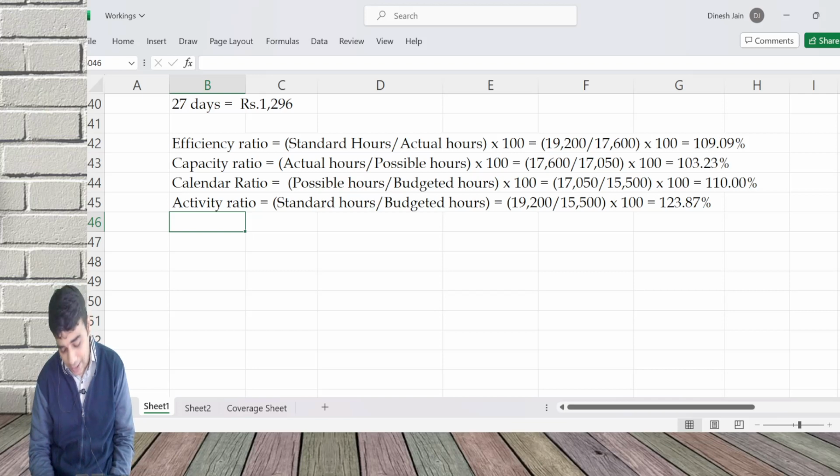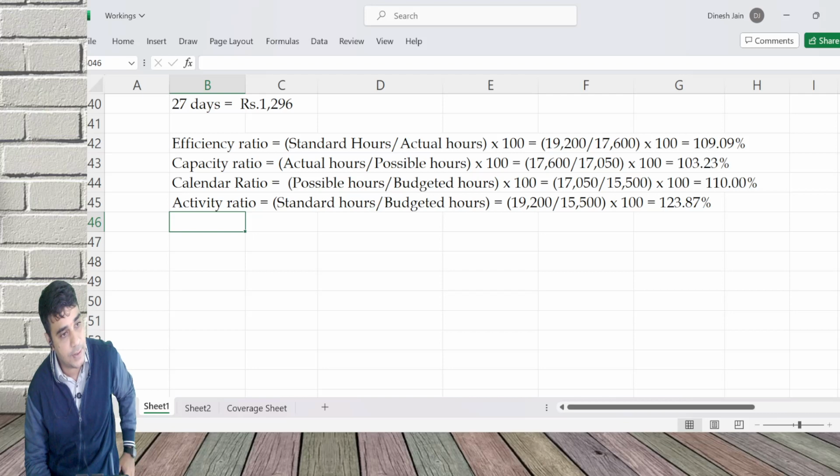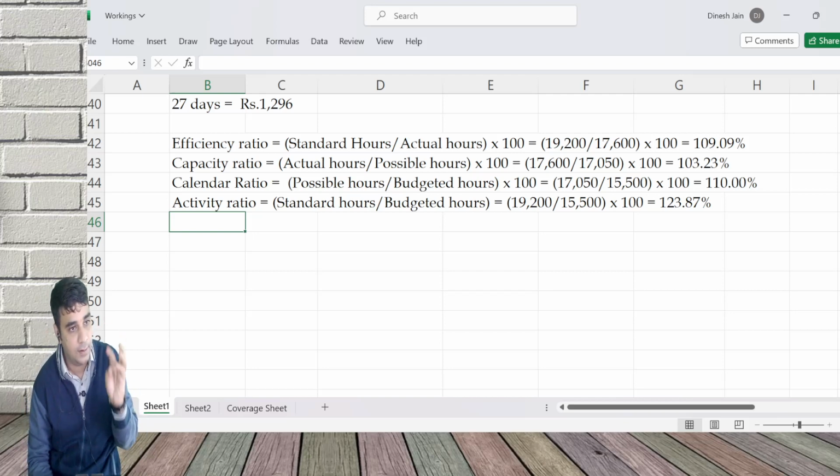Okay, the question has asked to calculate this and establish the interrelationship. What is the interrelationship? Volume variance is the sum of the three: efficiency, capacity, and calendar. These are percentages, so you cannot add them.